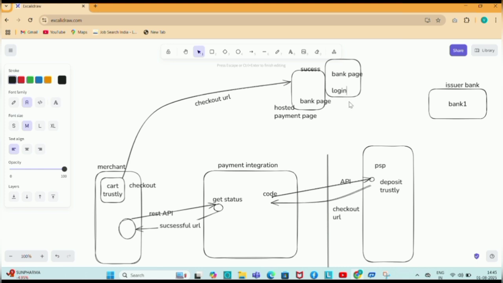On the bank page, the customer will log in. This request goes directly to the bank. So the bank will approve.